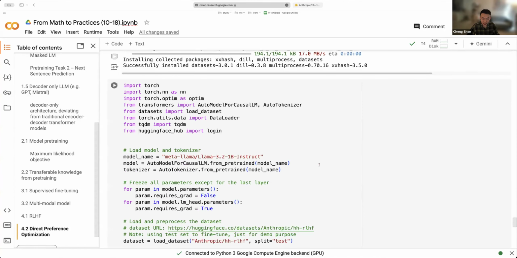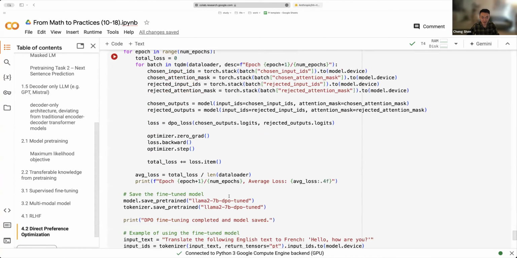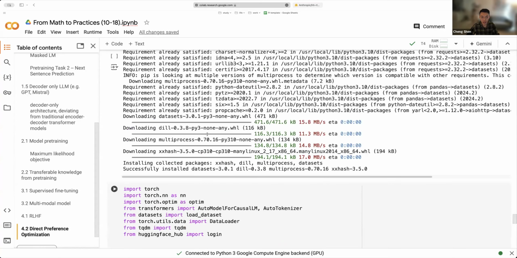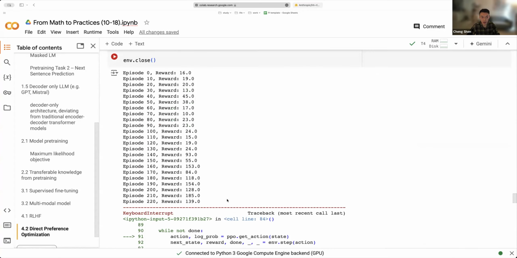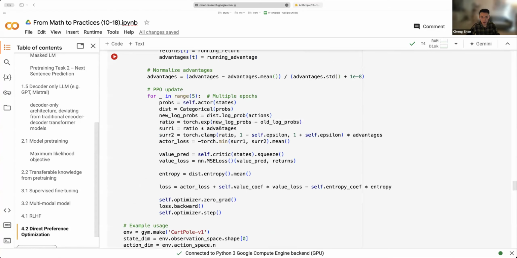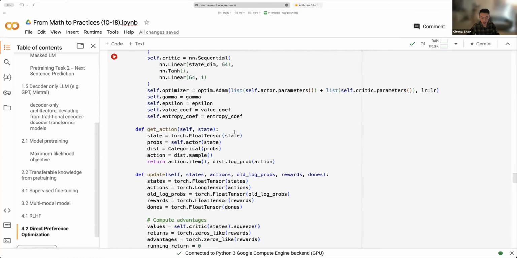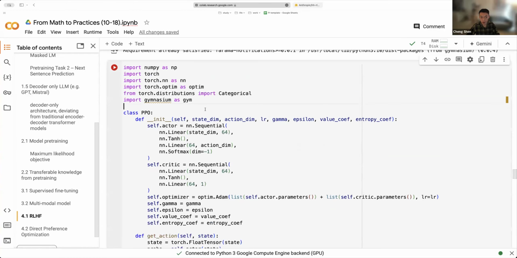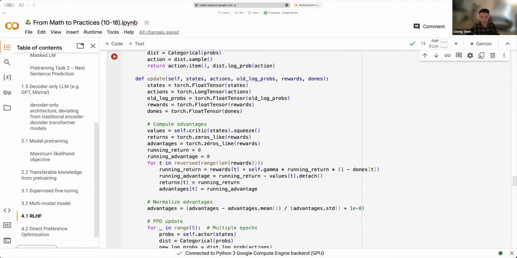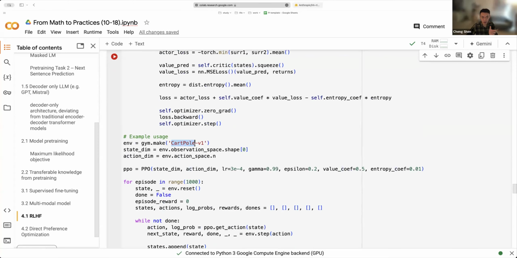So there is some sample code here about DPO and also about PPO. The PPO, the proximal policy optimization demo code here is using Gymnasium, so it's not a large language model. It's actually a little game called CartPole.